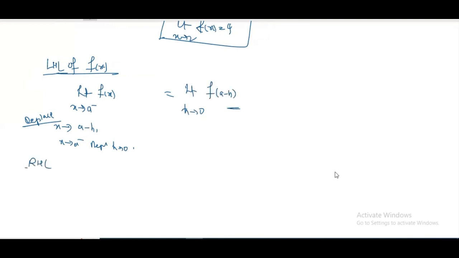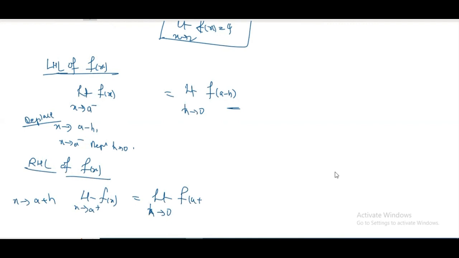How can we find the right hand limit of f of x? Same, but with a small change. It is x tends to a plus f of x. Here we replace x with a plus h, that means limit h tends to 0 of f of a plus h.